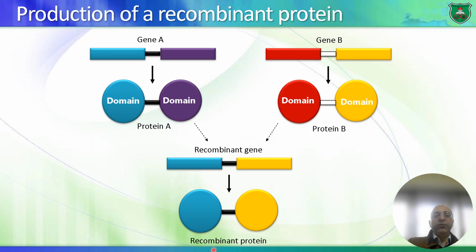So we produce a recombinant protein that has 2 different domains from 2 different proteins. Remember that this domain maintains its function, and this domain maintains its function as well.